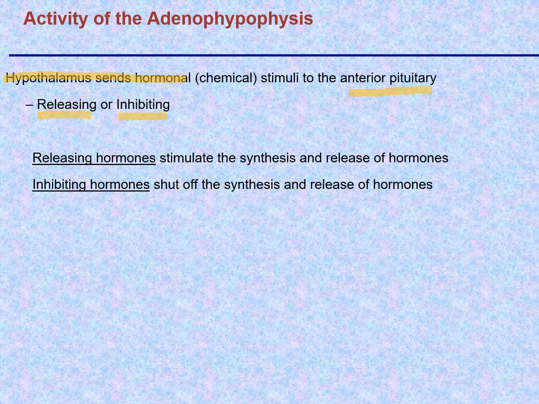So for many of these hormones, you have releasing hormones coming from the hypothalamus, which stimulate synthesis and release of particular hormones, or you have inhibiting hormones that shut it off. And for each of the different hormones, pretty much, you have a releasing hormone or an inhibiting hormone, which is produced in the hypothalamus, released into the bloodstream, and acts on the anterior lobe of the pituitary.